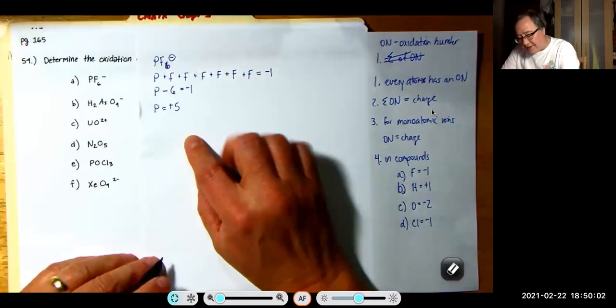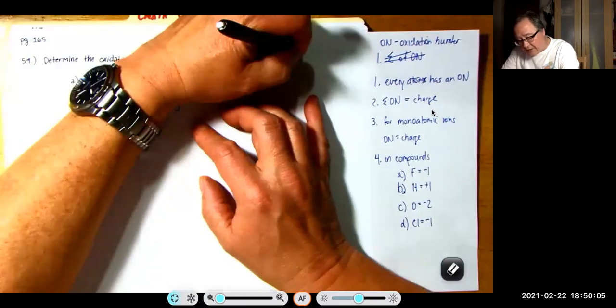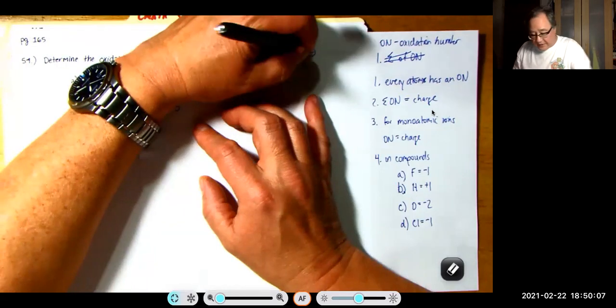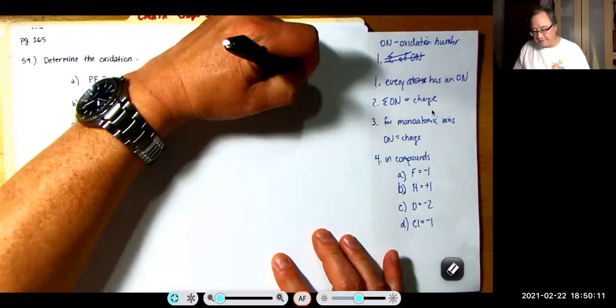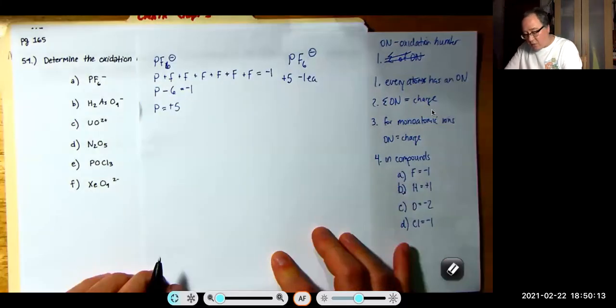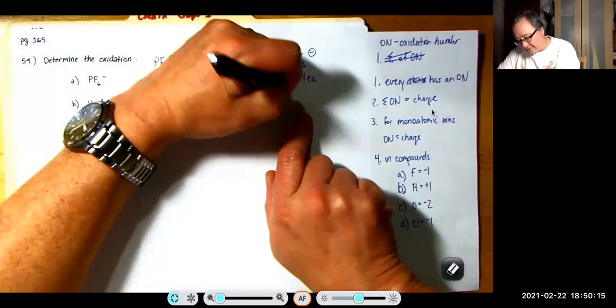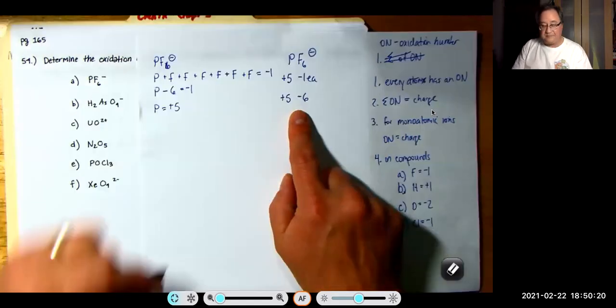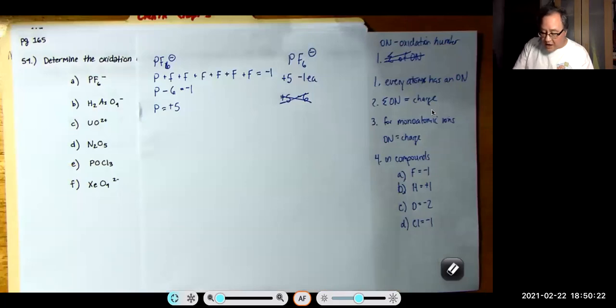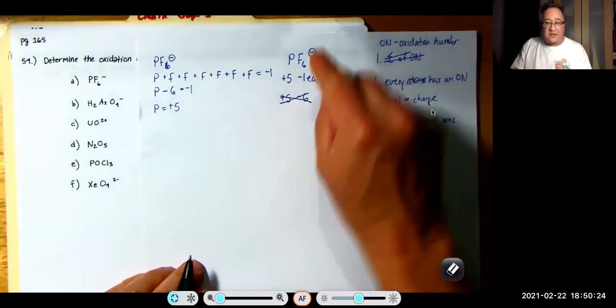So the way we would write this out to help us later on is we would write the following: +5 and -1 each. Do not write this because that's going to screw you up. We want to know the oxidation number on each atom, not the total.